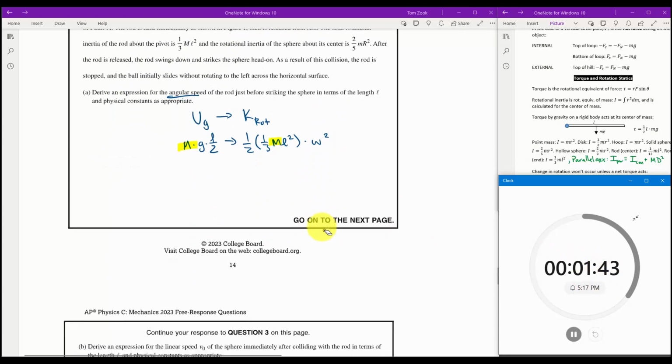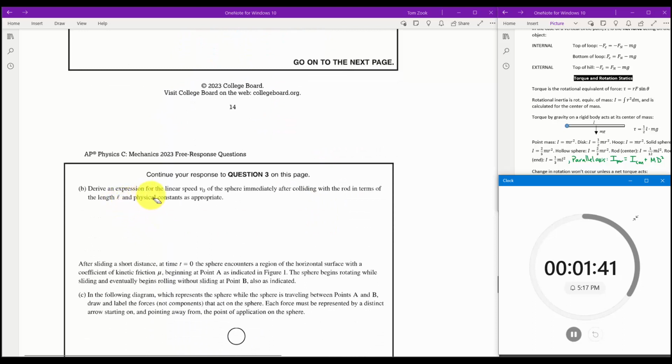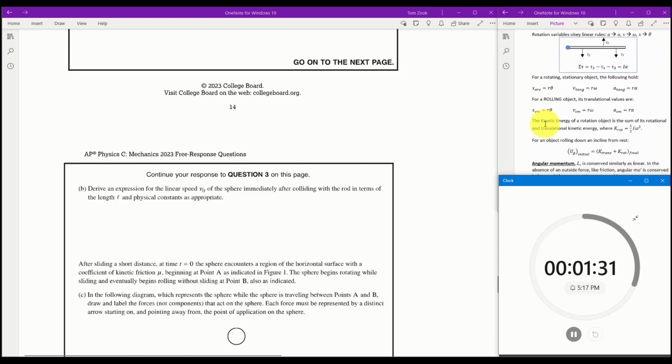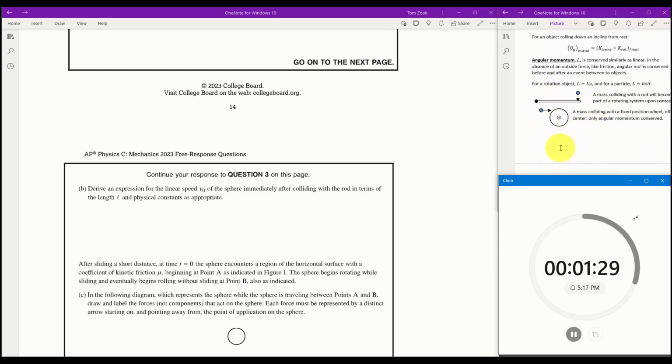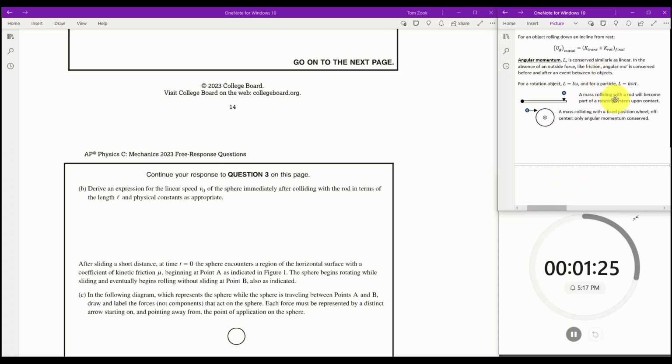That's ridiculous. Part B, derive an expression for the linear speed v sub 0 of the sphere immediately after colliding with the rod in terms of L and physical constants as appropriate. So this is a collision, and here on our one-pager, it says as a mass collides with something that can rotate, you treat the mass as if it is a part of a rotating system.